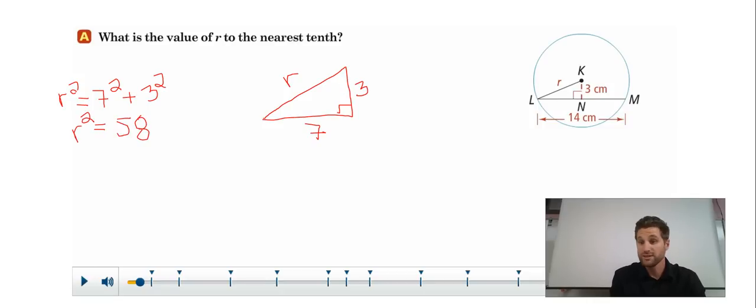And then we're going to do the only sensible thing, and that is to take the square root of that. And we can't actually reduce that one, so if we want the nearest tenth, the square root of it is going to be about 7.6.